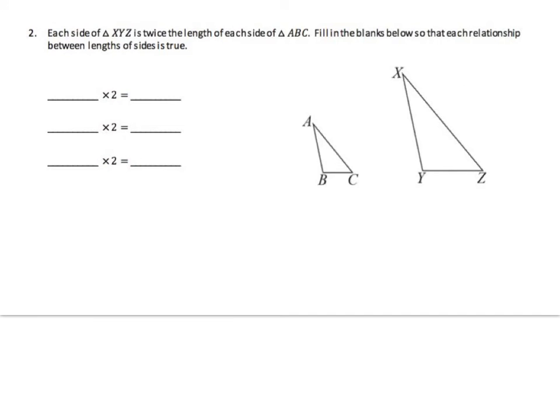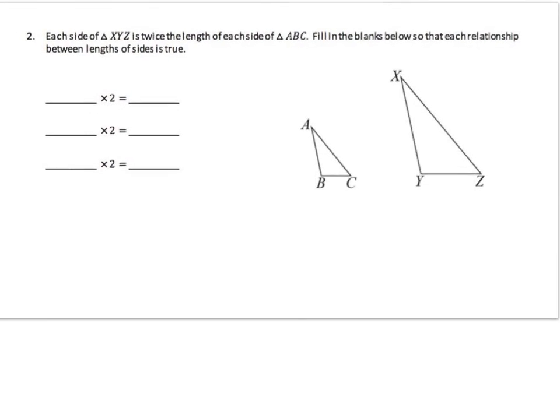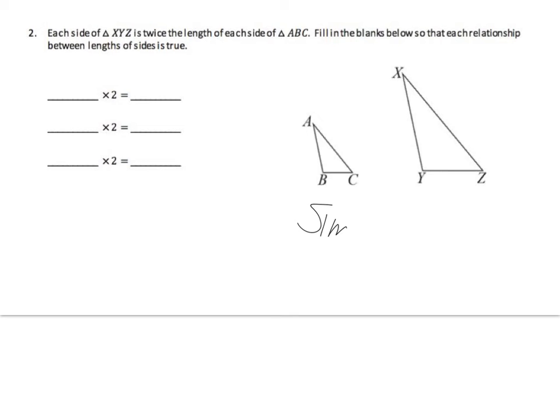Last question. Each side of triangle XYZ is twice the length of each side of ABC. Fill in the blanks below so each relationship between lengths and sides is true. So this is actually a little pre-lesson on similarity.